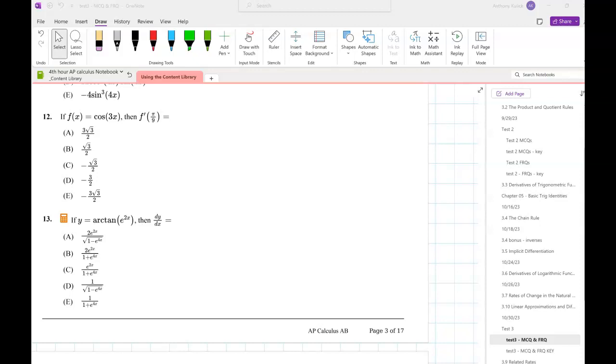So it'd be the derivative of the outside is negative sine 3x, and then times the derivative of the inside, which is just the derivative of 3x. And now you're just going to plug pi over 9 in for x.